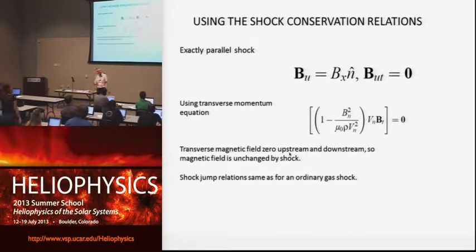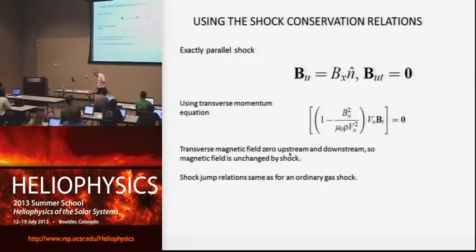And if we use the transverse momentum equation, which we've written up here, then what we find is that this quantity in brackets just becomes constant. If you remember, from the divergence condition, the normal component of the magnetic field is constant from div B equals 0.